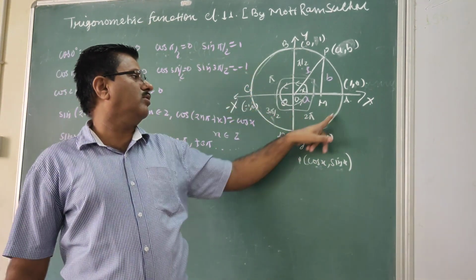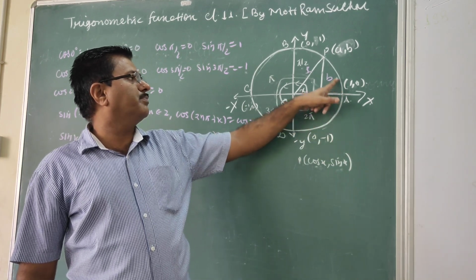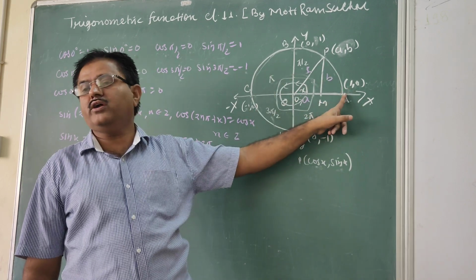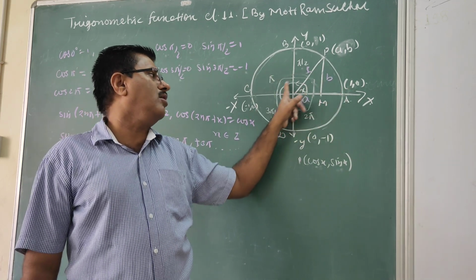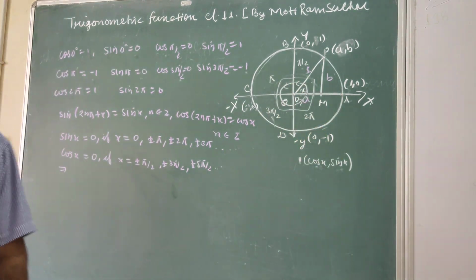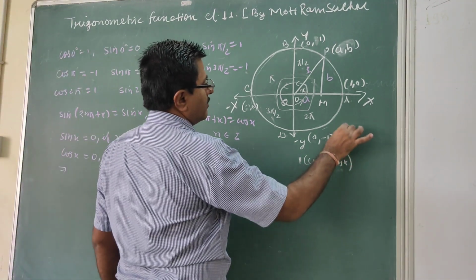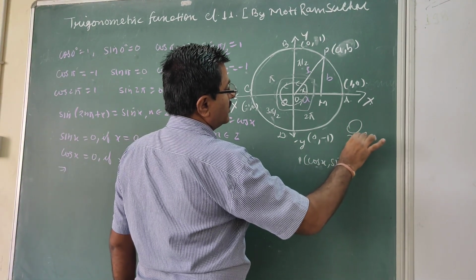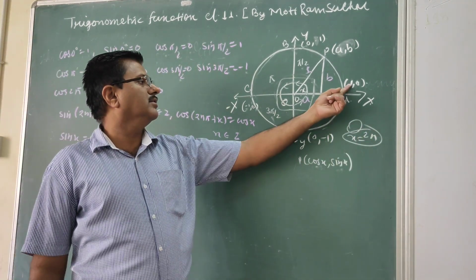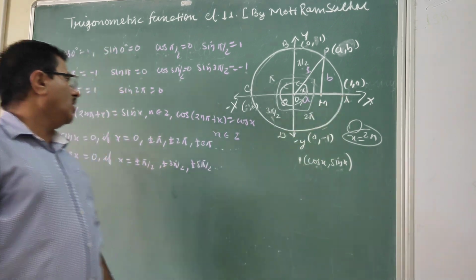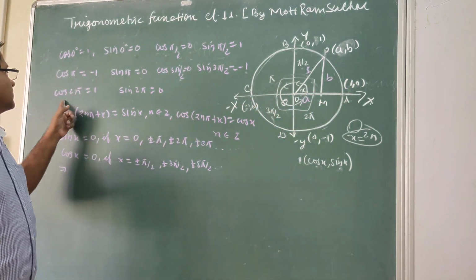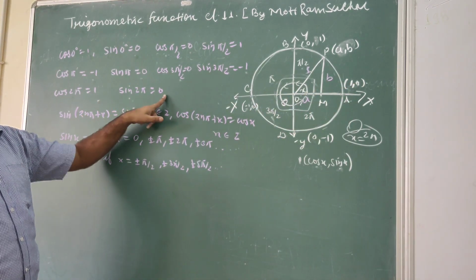And again this point coincides with the point A. After completing one round, the angle formed when P coincides with A is 2 pi. So we get cos 2 pi equal to 1 and sin 2 pi equal to 0.